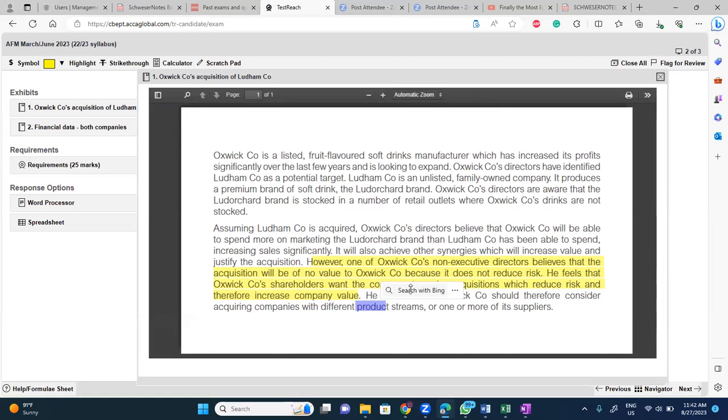Is it okay to acquire the supplier? It has both benefits and disadvantages. Benefit is your supply side will be secure. You have enough raw material, inventory will be available.